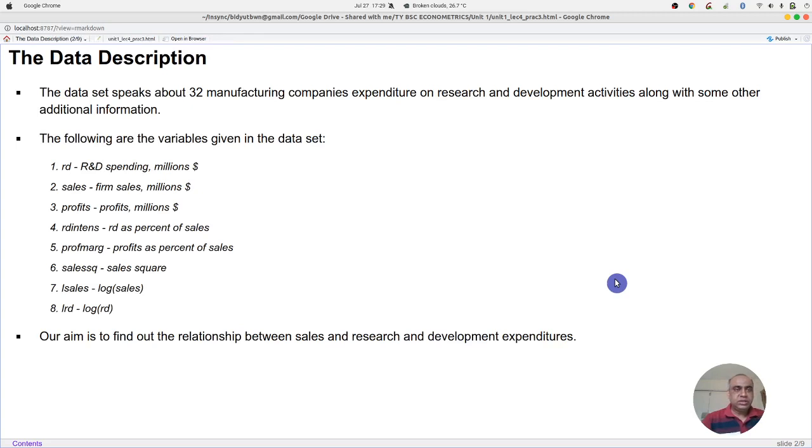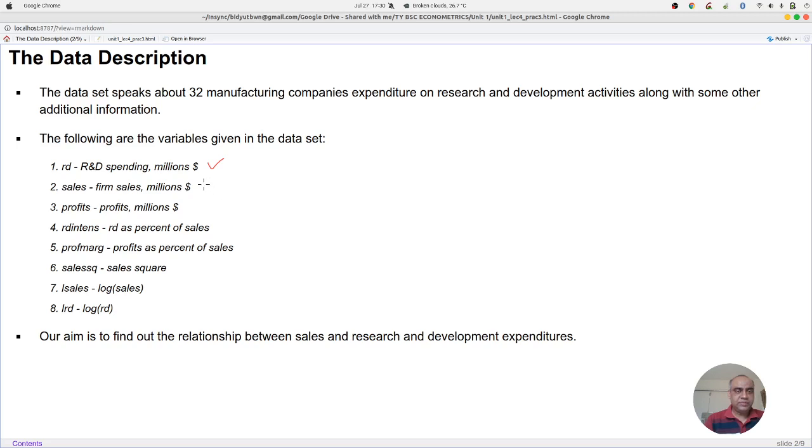So the data actually speaks about 32 manufacturing companies' expenditure on research and development activities along with some other additional information. Especially, we have 8 variables. The first variable is RD, that is the research and development spending of the firms measured in $1 million.